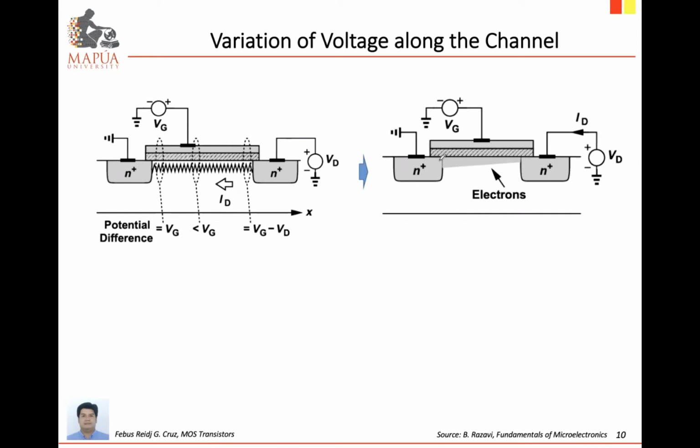If the voltage here is larger, we expect to attract more free electrons, while if the voltage near the drain is smaller, the amount of electrons attracted would be lesser.